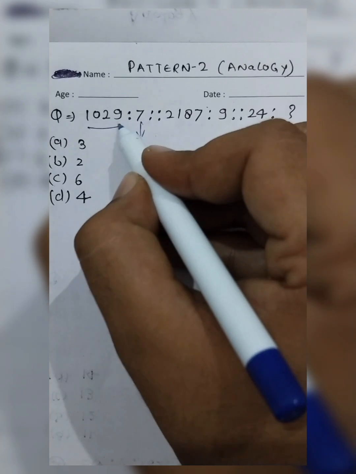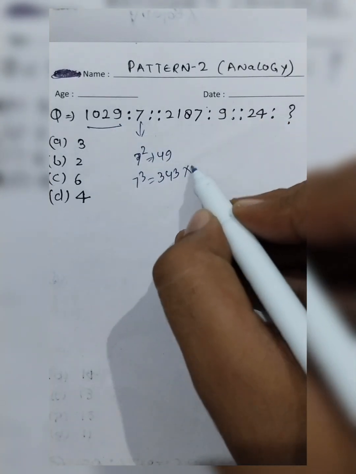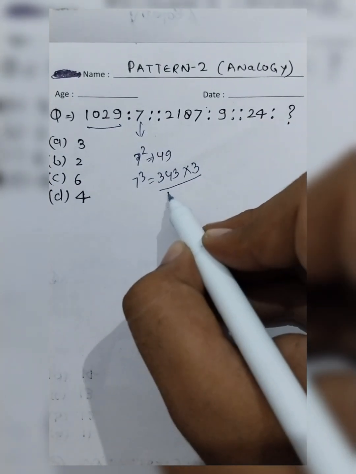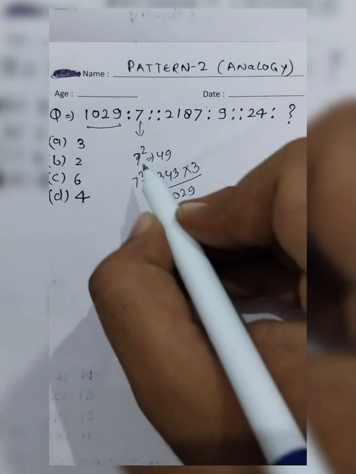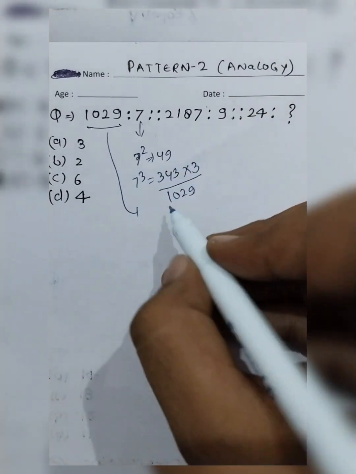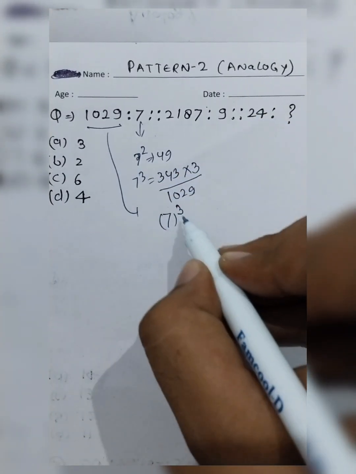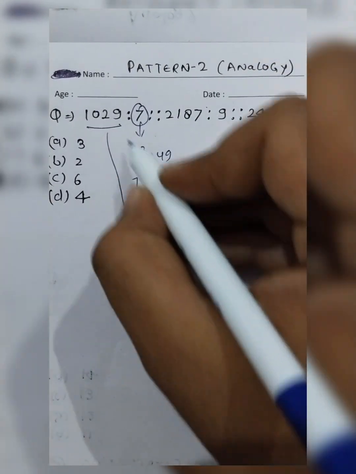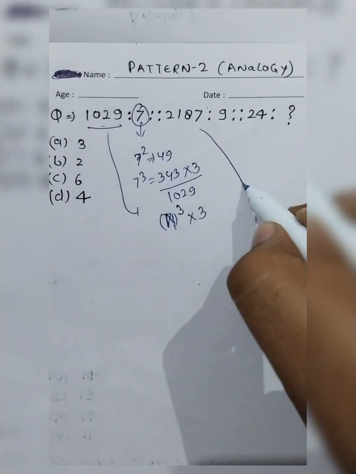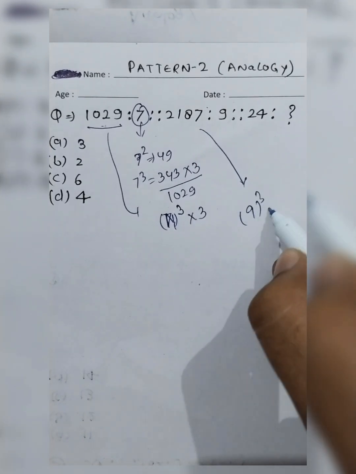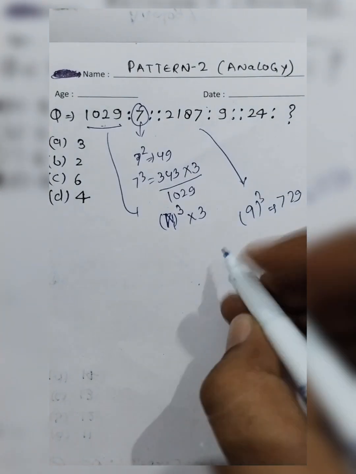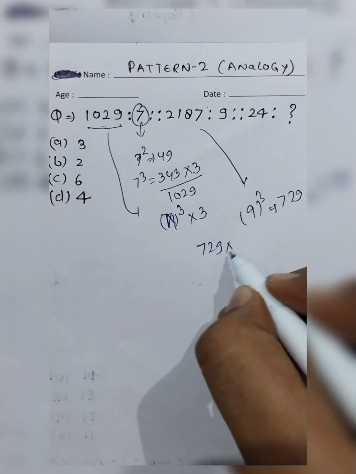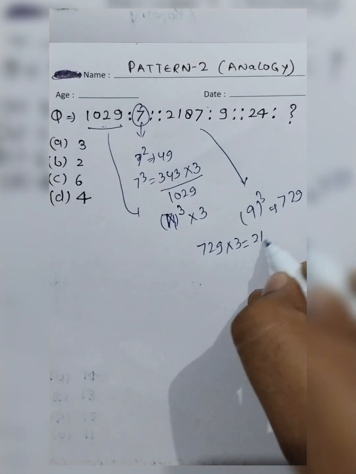This number seems like a multiple of 343. If we multiply 343 by 3, it will give you 1029. So our logic is that 7 cubed into 3 gives this number. In the same way, 9 cubed will be 729, and 729 into 3 will give you 2187.